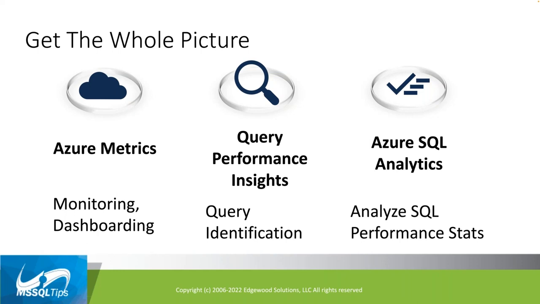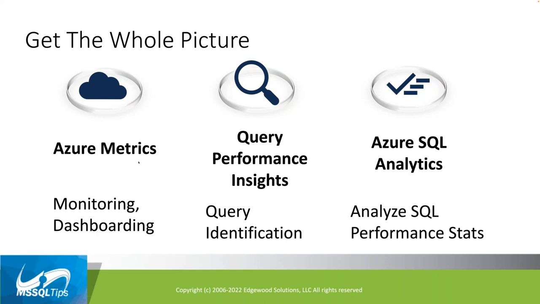If you're not a DBA and you don't have experience writing a bunch of T-SQL code and you just want to see what those top 5 queries are on your system, this can be an easy place to look. It's accessible through the portal. It can let you easily identify that data and take action on it.